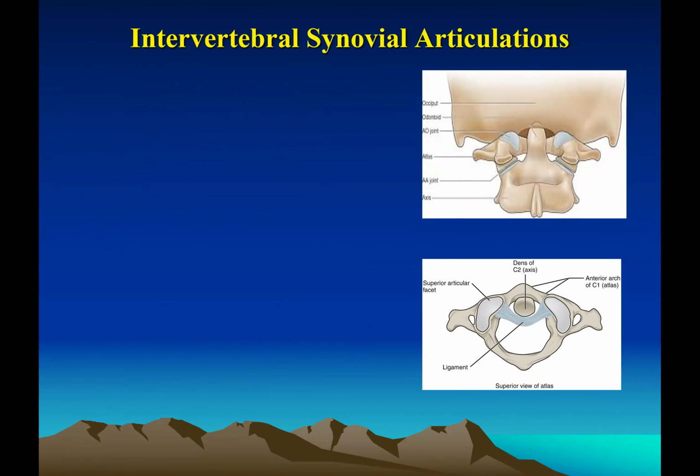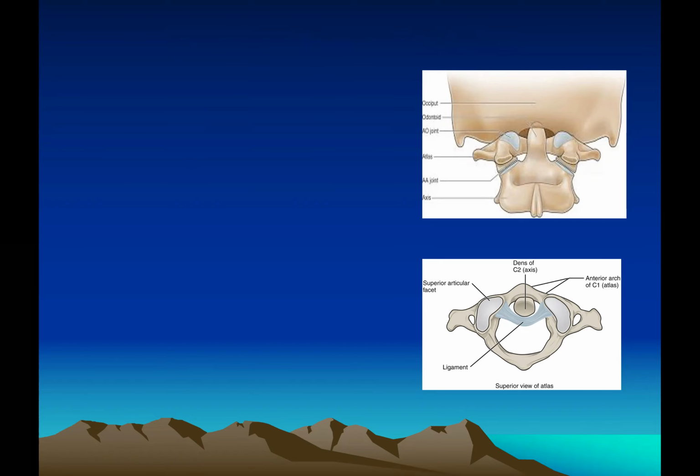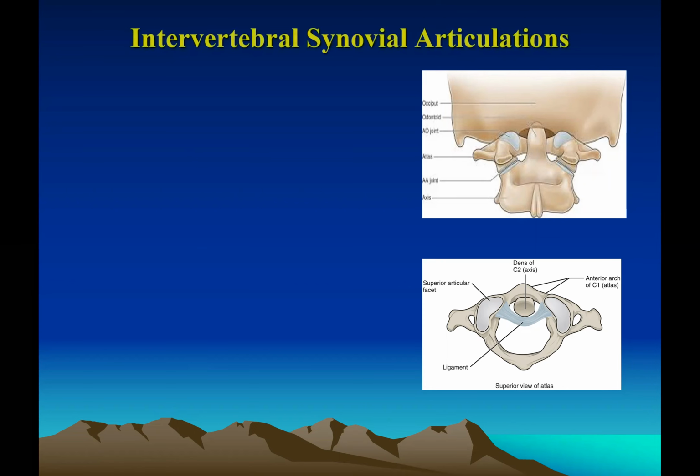Let's look at some of the most important synovial joints in our body. This picture is showing the intervertebral synovial joint. The vertebrae are held together by ligaments, lots of ligaments, and intervertebral discs. The adjacent vertebrae articulate between the superior and the inferior articular process.